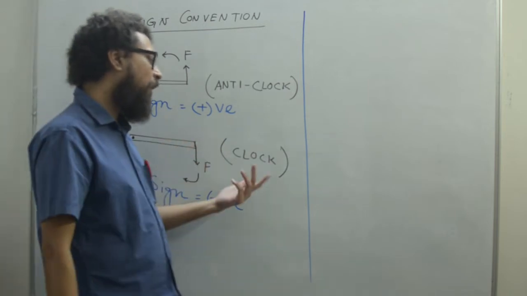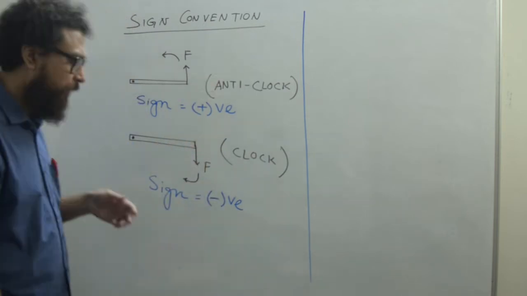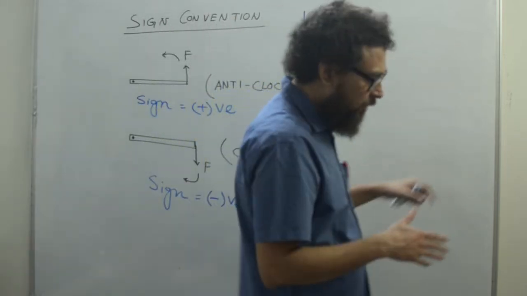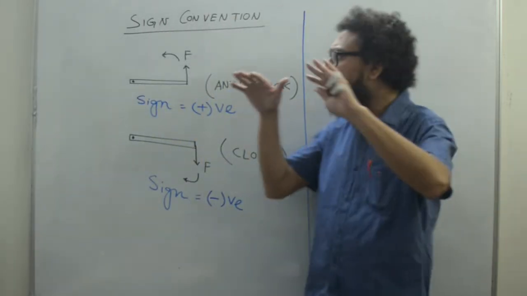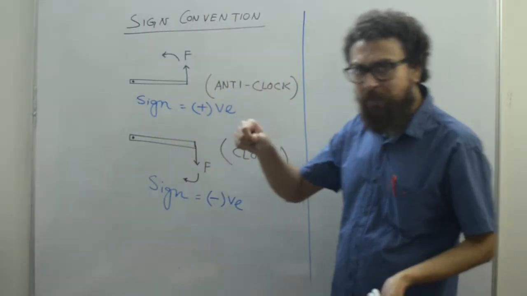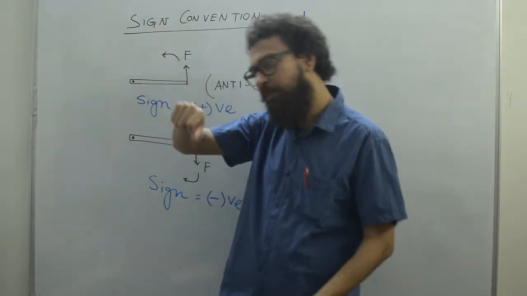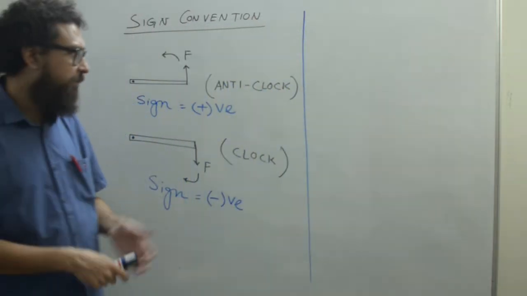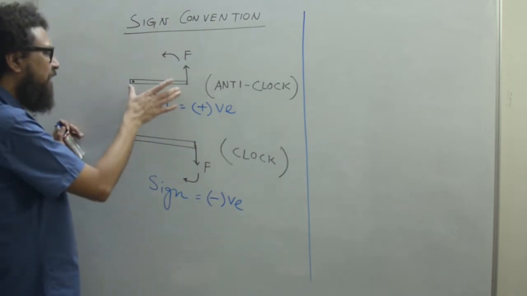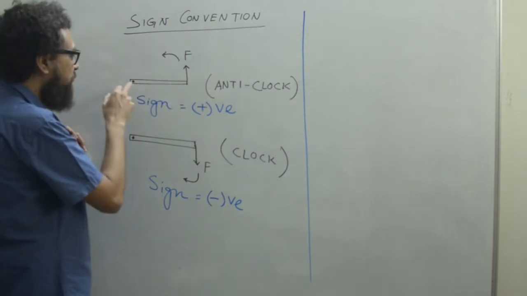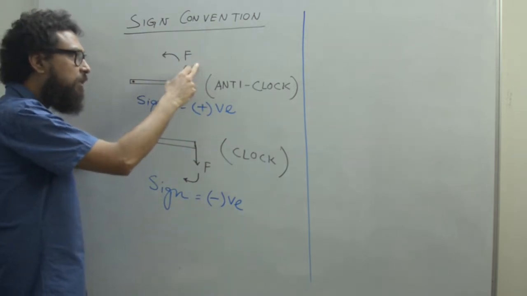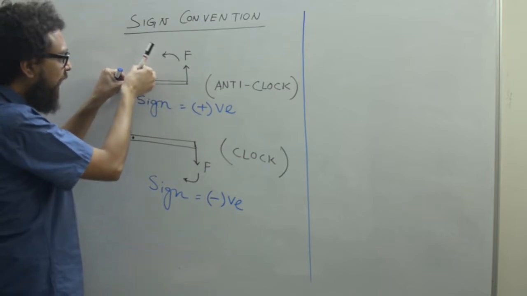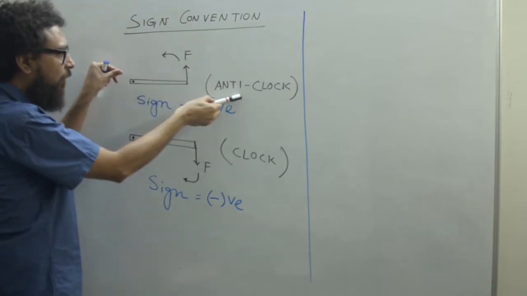Now you have already understood one thing. Just now I was showing you the steering wheel concept. There we observed that we can have an anti-clockwise turning effect or a clockwise turning effect. In the general convention we follow, suppose we have an extended body, like a rod, pivoted here, and we apply a force like this. This force can show a turning effect like this, which is anti-clockwise.